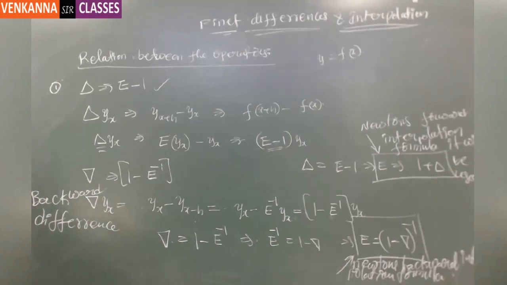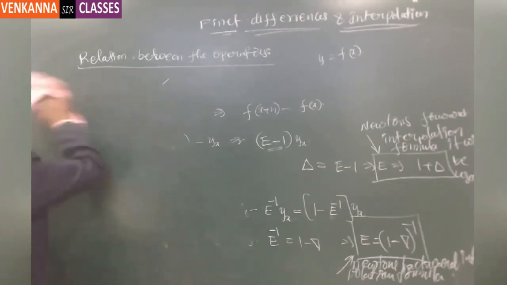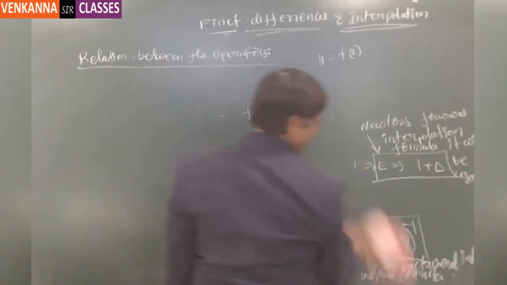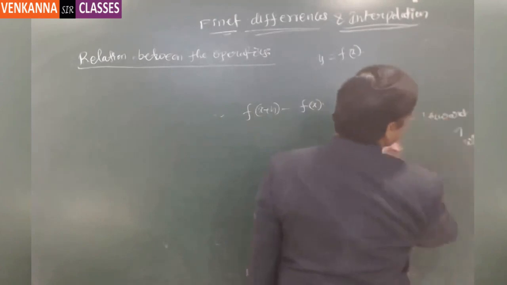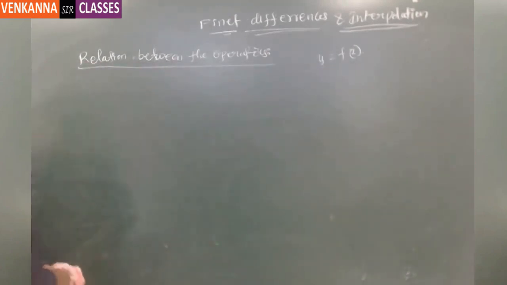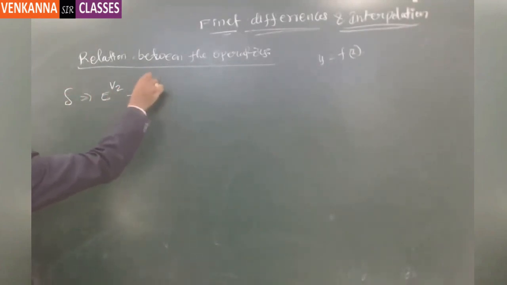Noted. And the next relation is delta is equal to E power plus 1 by 2 minus E power minus 1 by 2.